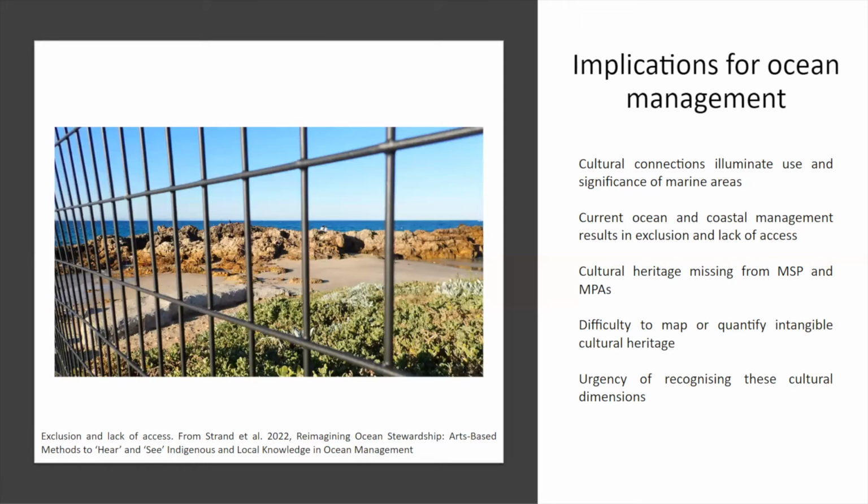Specifically in Cape Recife, there might be urban development that could jeopardize the ancient fish traps. And also in South Africa, with a history of cultural genocide, language is dying out, and people are struggling to translate their cultural heritage and traditions to the next generation.